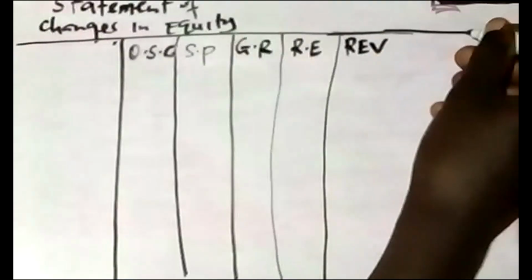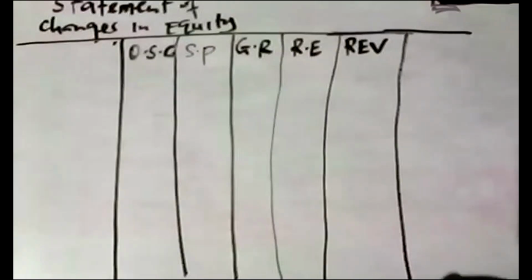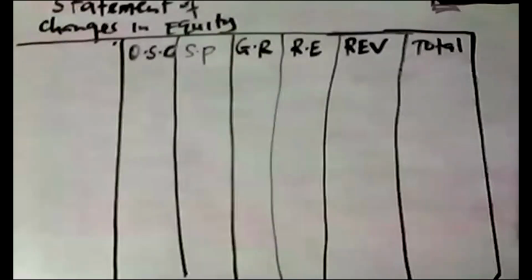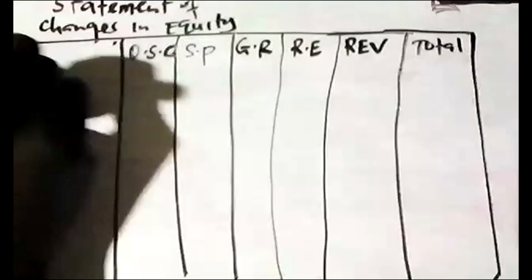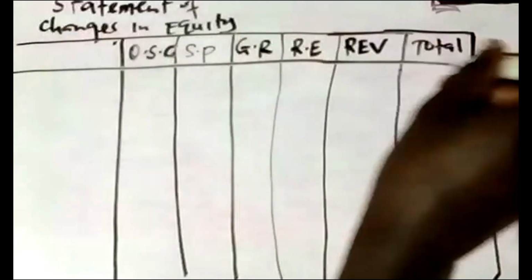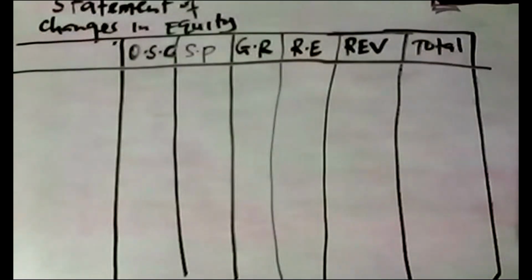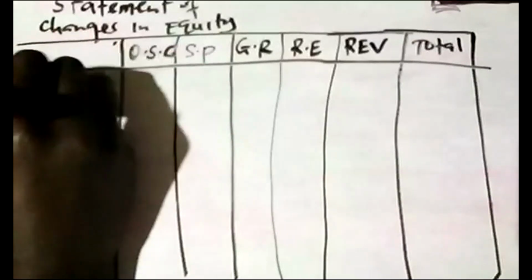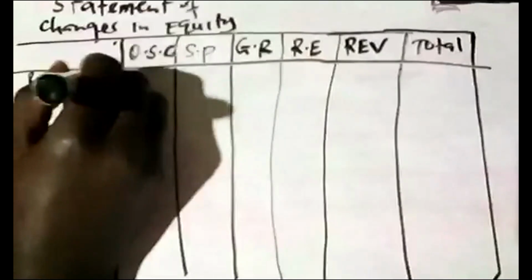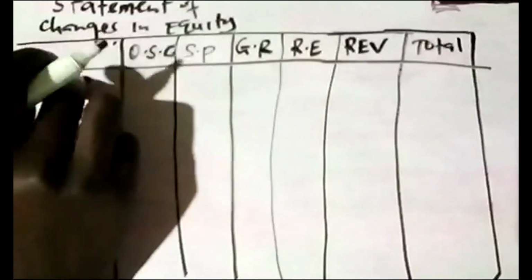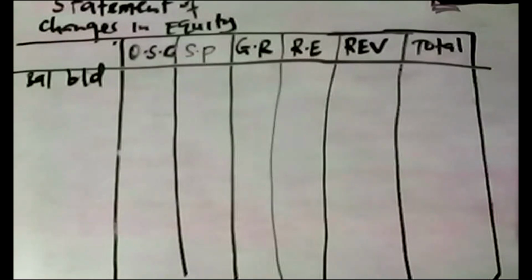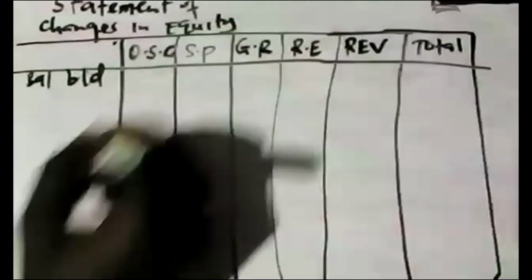After that, you talk about the last column, which concerns the total. So now you talk about the balance brought forward, according to the trial balance.